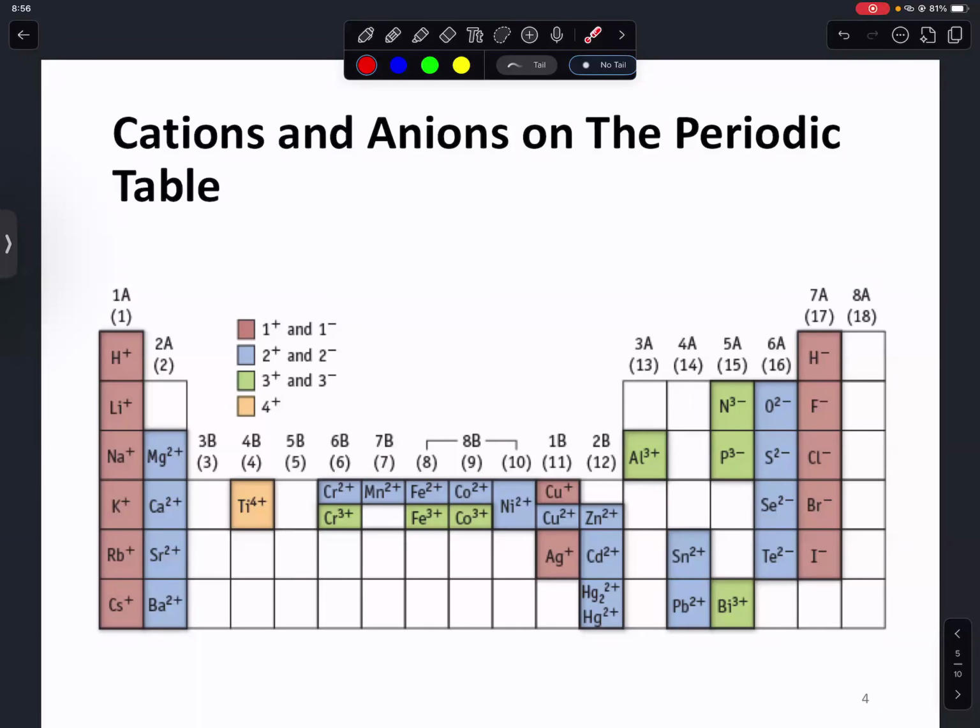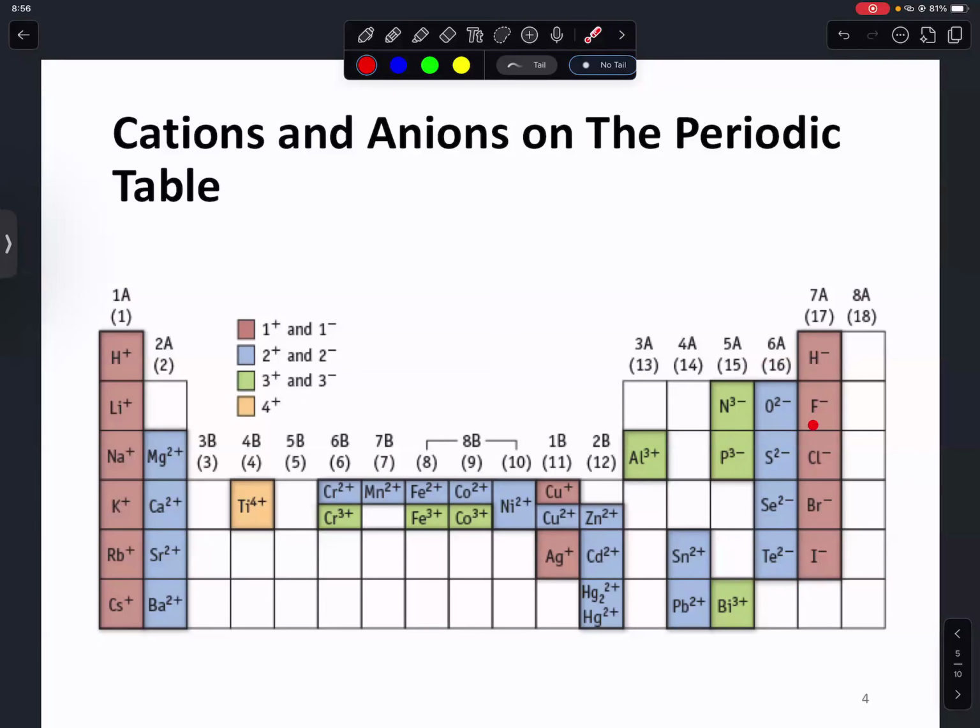Now to the very far right of the periodic table, we have our nonmetals. So our nonmetals tend to gain electrons and form anions. And in this case, you have something like nitrogen and phosphorus, which both tend to gain 3 electrons and become nitride, N3 minus, and P3 minus.